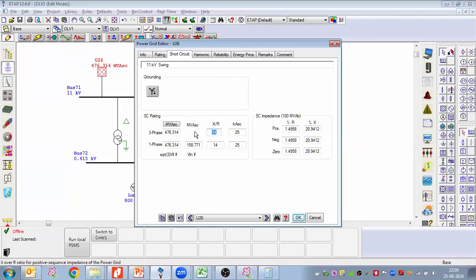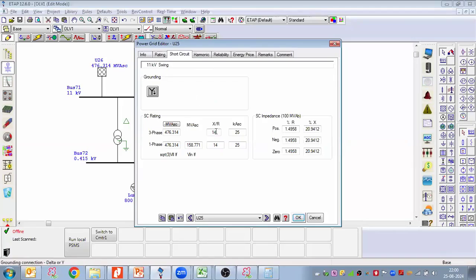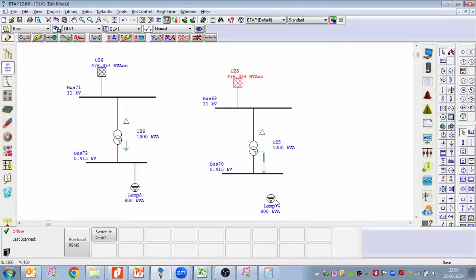I'll come to what the X by R ratio is and how to calculate it, but I'm just taking a number. So if X by R ratio is 14, click OK. Now I'm increasing this value to infinite. Click OK.